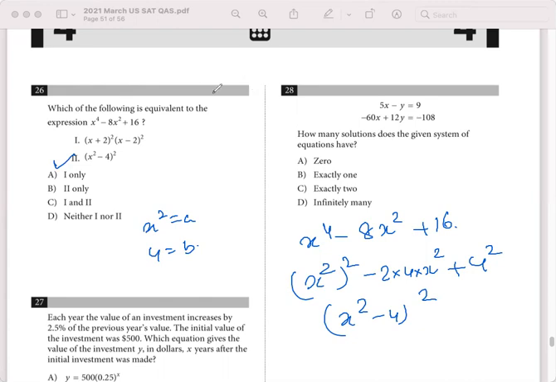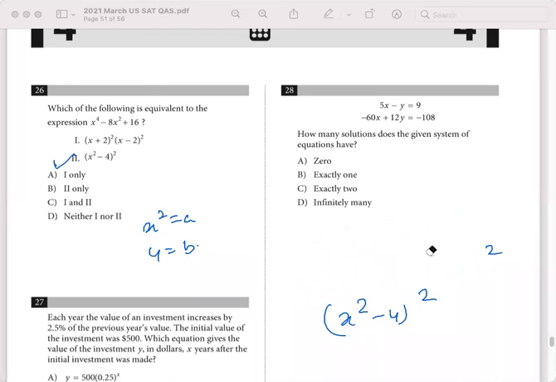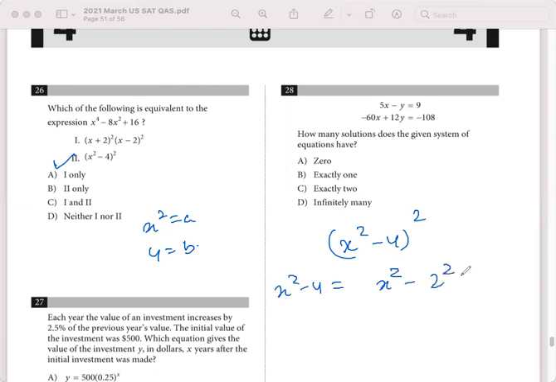Now what about x squared minus 4 the whole square? Let's look at that. When you have x squared minus 4 the whole square, now if you notice x squared minus 4 can be written as x squared minus 2 squared, and a square minus b square is a plus b into a minus b, so that can be written as x plus 2 into x minus 2, right?